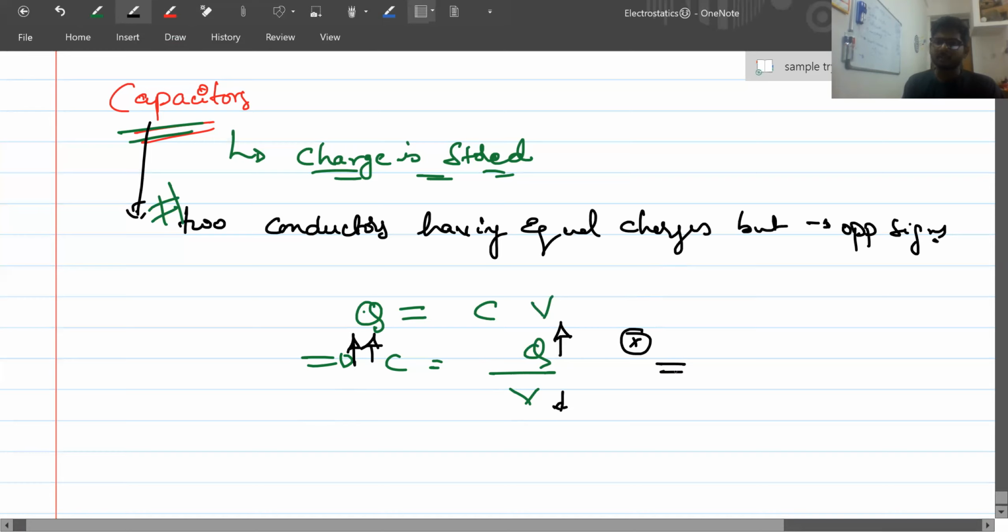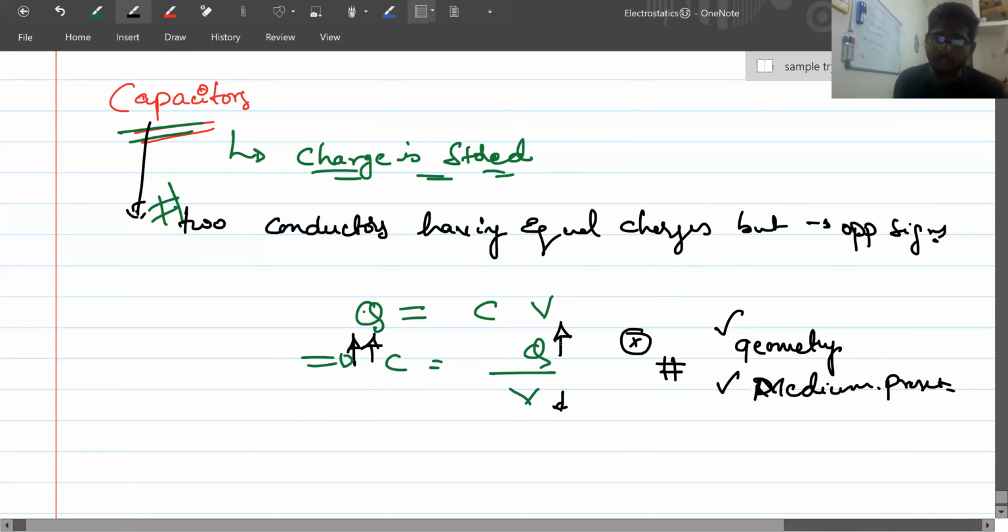But not so. For a given geometry, capacitance depends upon its shape and its medium, that is the medium present between them, but not on the charge or potential.